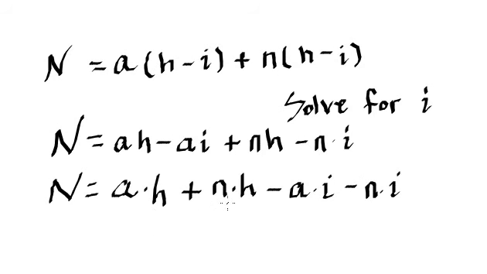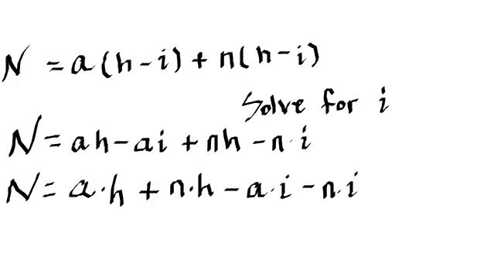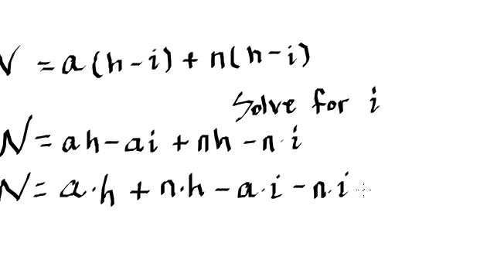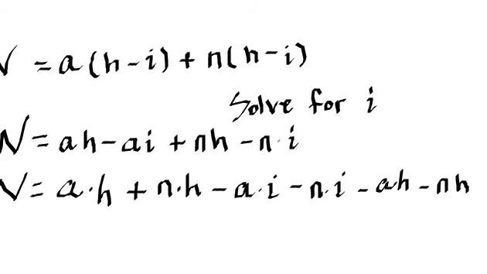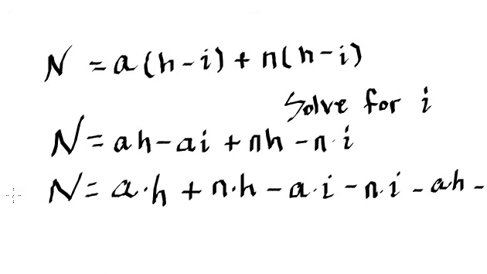So subtracting these guys off, I've kind of run out of room over here. So minus AH, and then minus the NH. But what we do to one side, we got to also do to the other. So I would also be subtracting off over here, which I have run out of room.